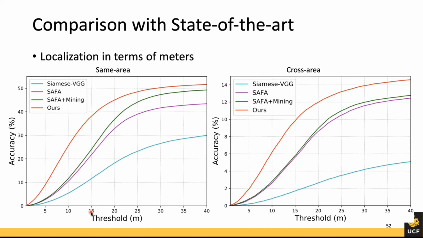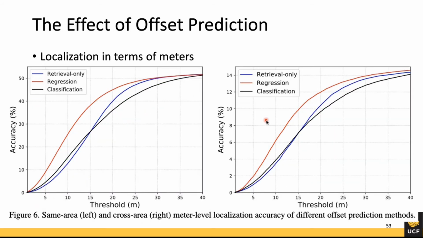For example, at this 15-meter threshold, our method is able to outperform the previous state of the art by a large margin, over 15% improvement in accuracy. That's for the same-area evaluation, and this is also the same for the cross-area evaluation in terms of meter-level evaluation.